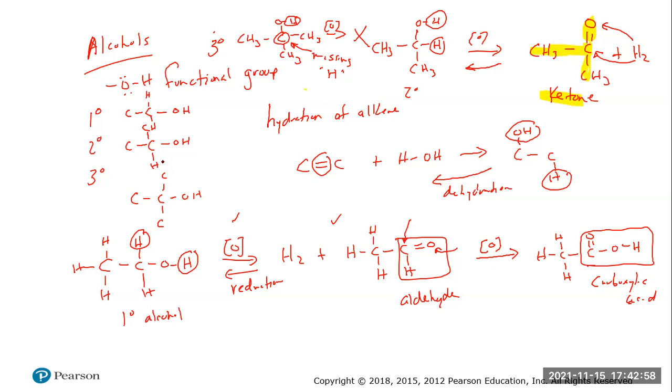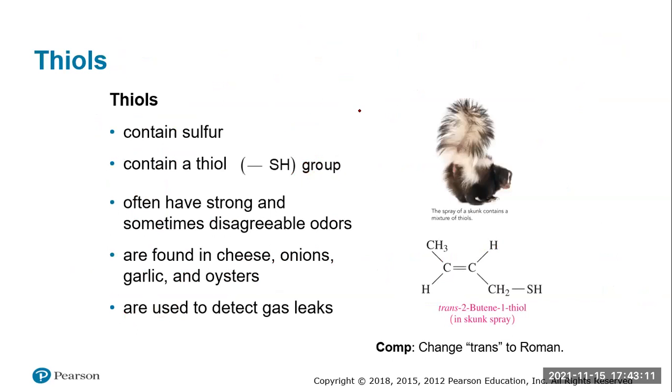Okay, then let us continue on to another functional group, and that functional group is thiols. Thiols are organic groups that contain sulfur and have a functional group that looks almost like the alcohol.